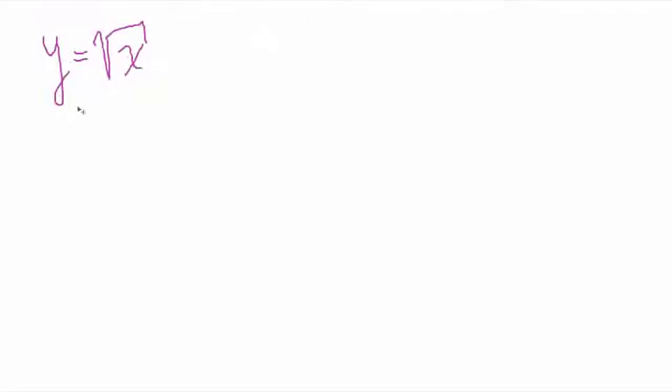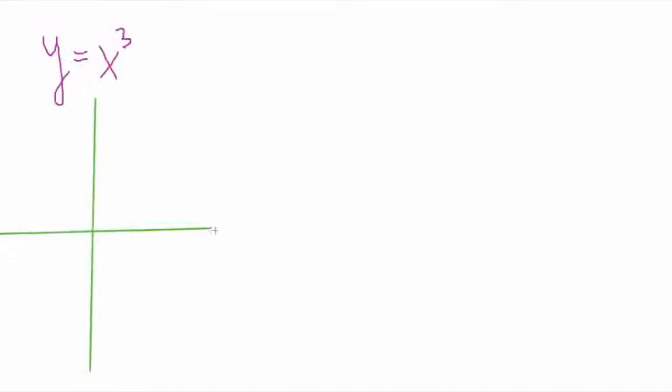Actually, you know what, let's instead do x cubed. We haven't done that one yet. So the graph of x cubed looks like this. Okay, and now I want to do minus x cubed.